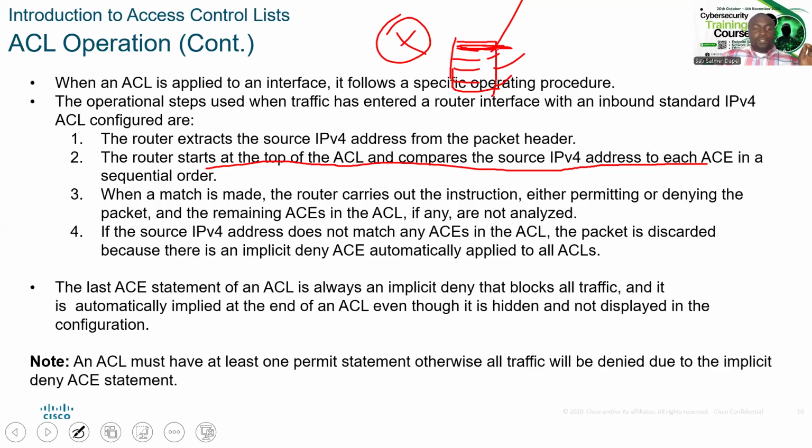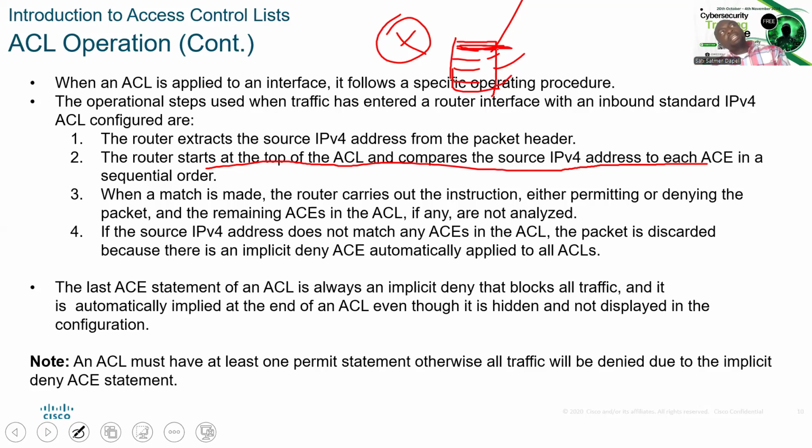All right. So if the source IP version 4 address does not have a match in the statement, the packet is discarded because there is an implicit deny that is automatically applied to all.